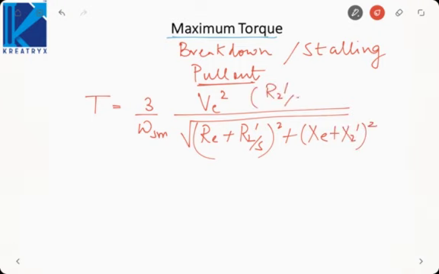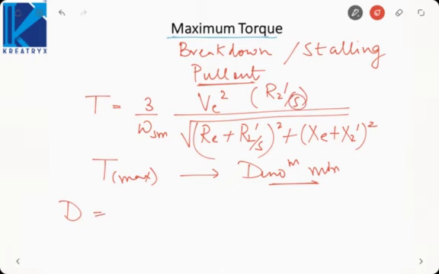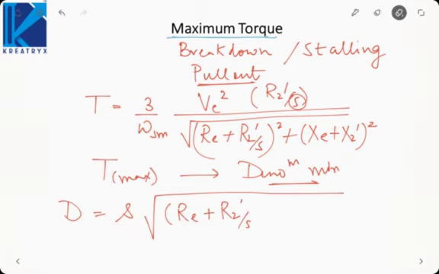So to make the torque maximum, we have to make the denominator minimum. And since we are talking about torque slip characteristics, we have to vary the slip to maximize the torque. S will also come in the denominator. This will not be under root here. This will be a direct term.